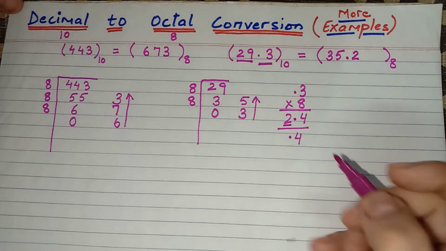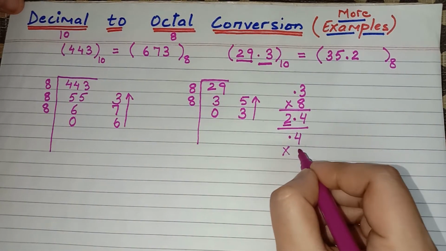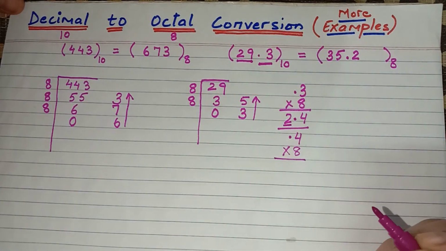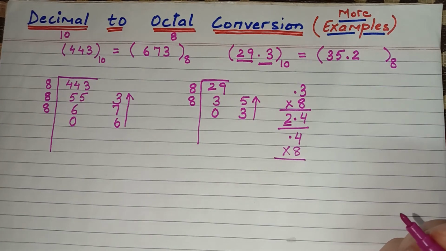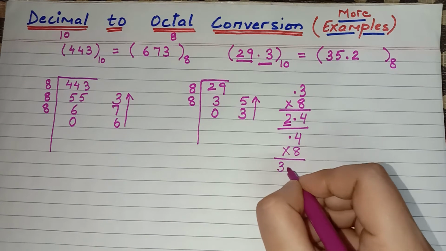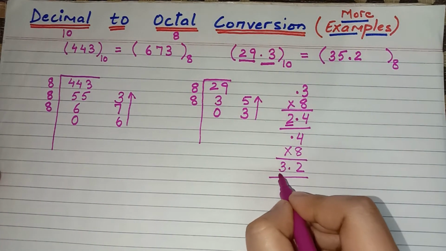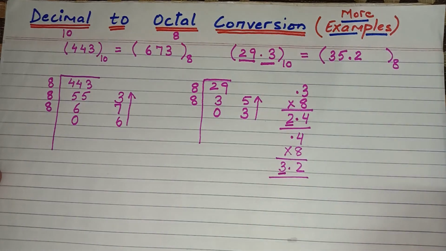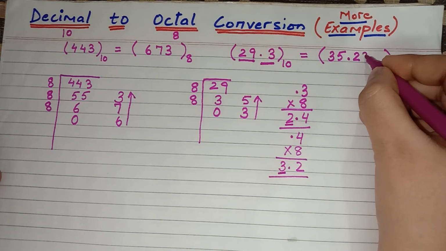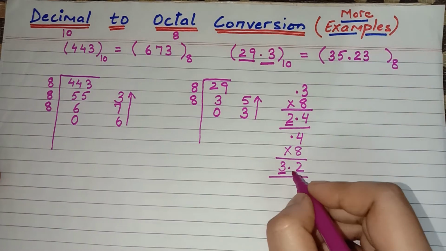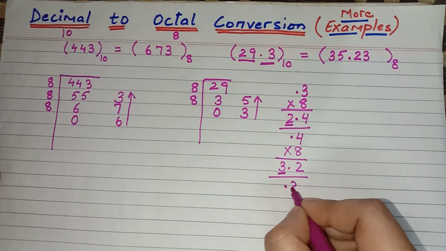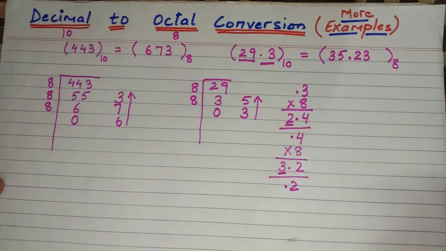So we will be left with 0.4. Now we have to multiply this 0.4 again by 8 and the result will be 3.2. We will be taking this digit on the left side of the decimal in the final result, and we are left with only 0.2.